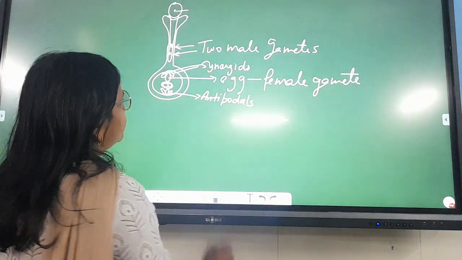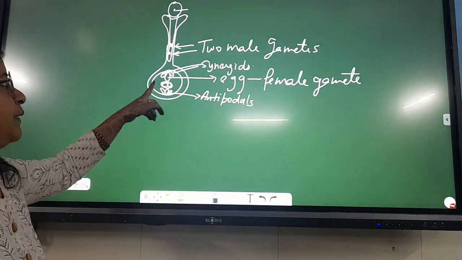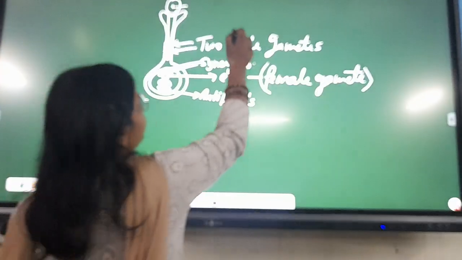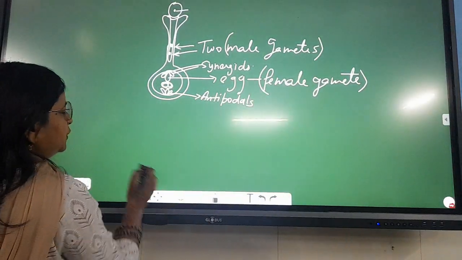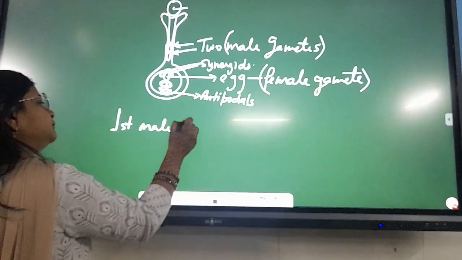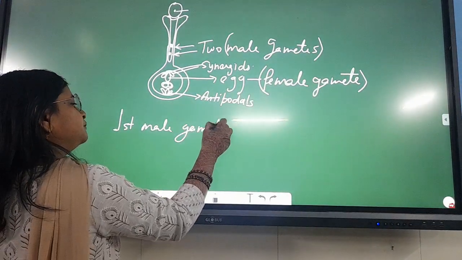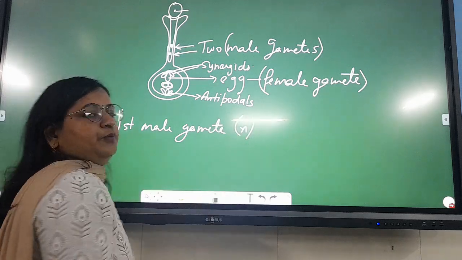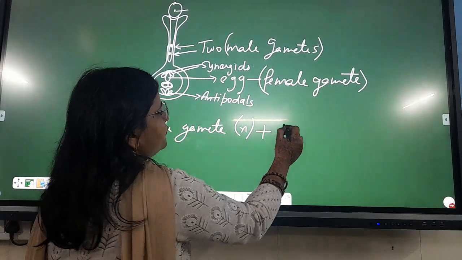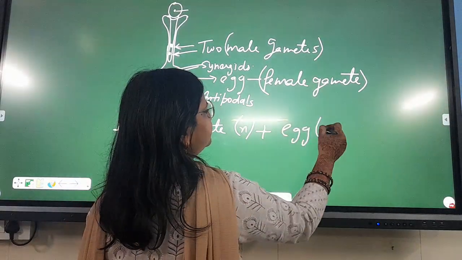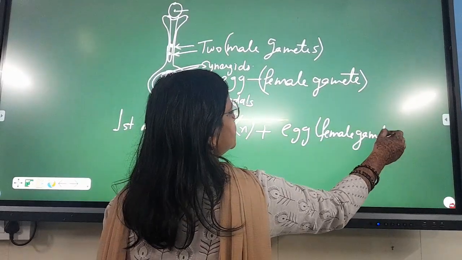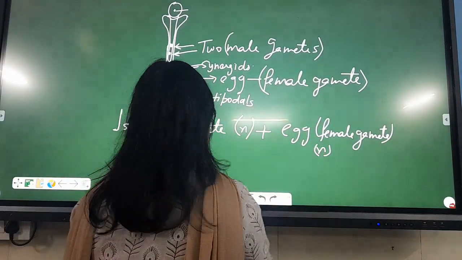Now, what happens to these two male gametes and the female gametes? The first male gamete, which has a haploid set of chromosomes, fuses with the female gamete, the egg, which is also haploid.